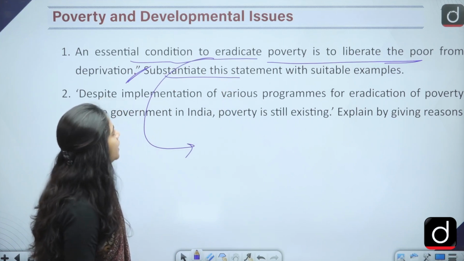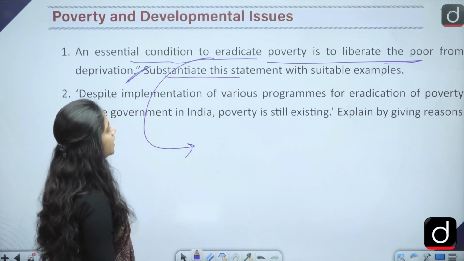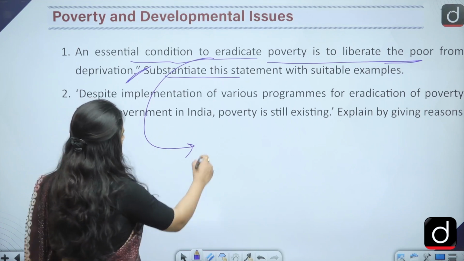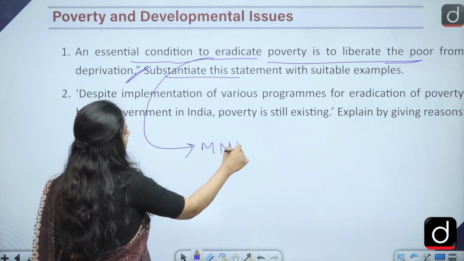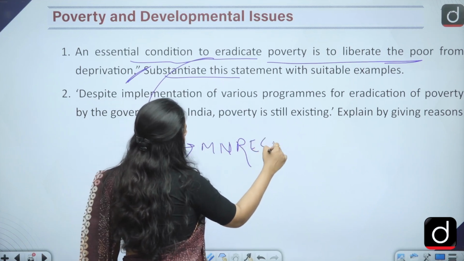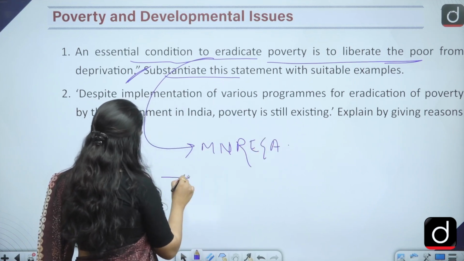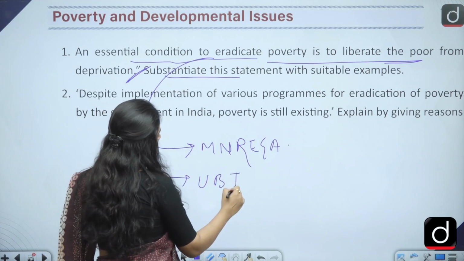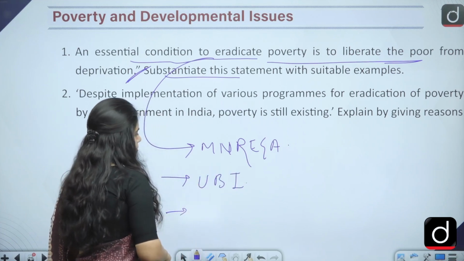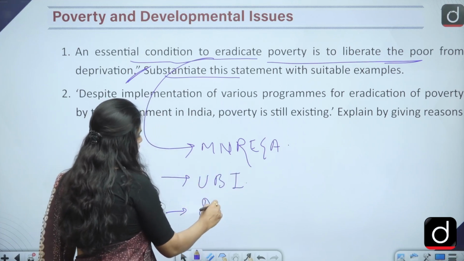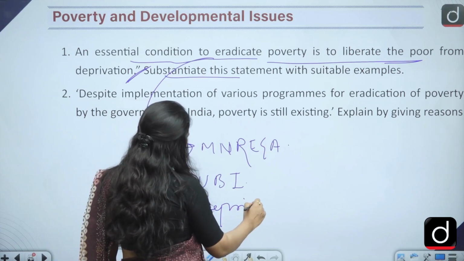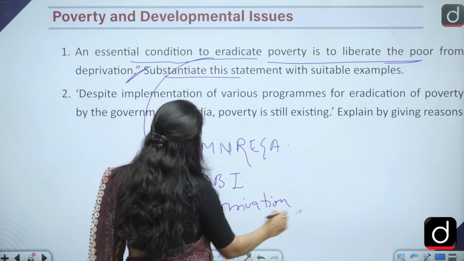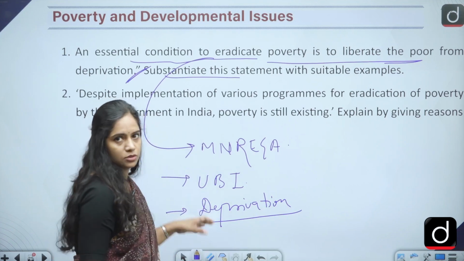Here you can give examples of government efforts like MGNREGA, or you can also bring in the concept of universal basic income. You have to explain the word deprivation. So with the help of these things, you would be able to answer this question.